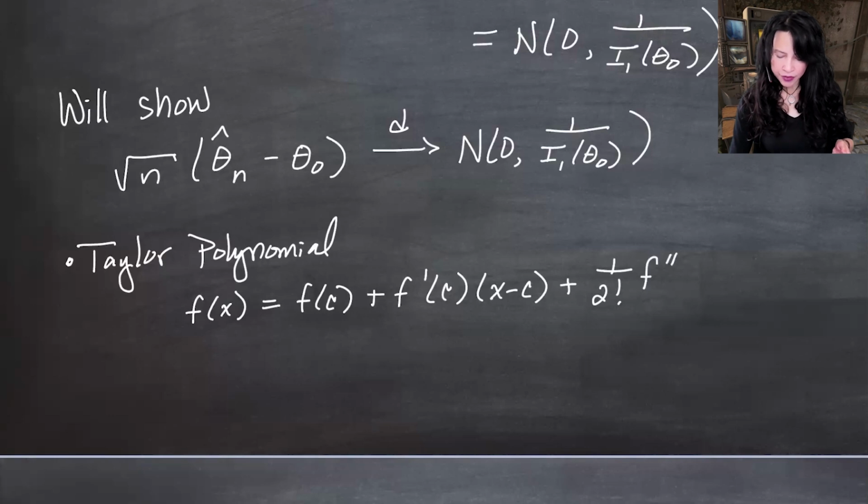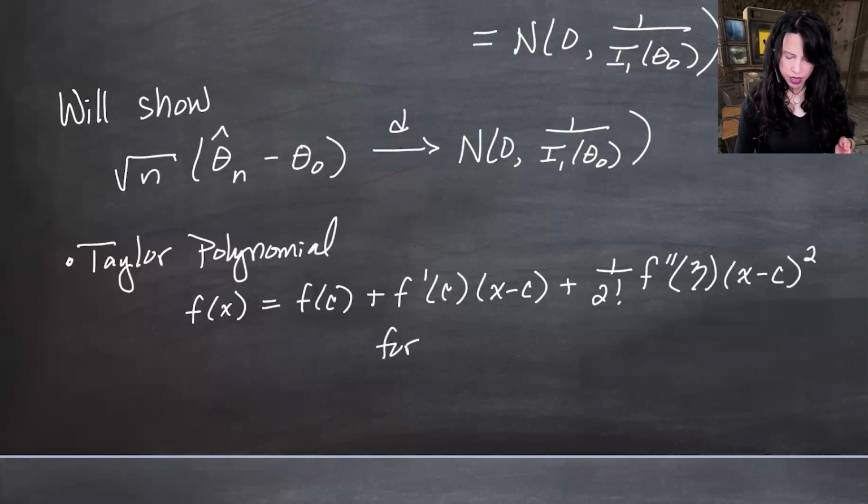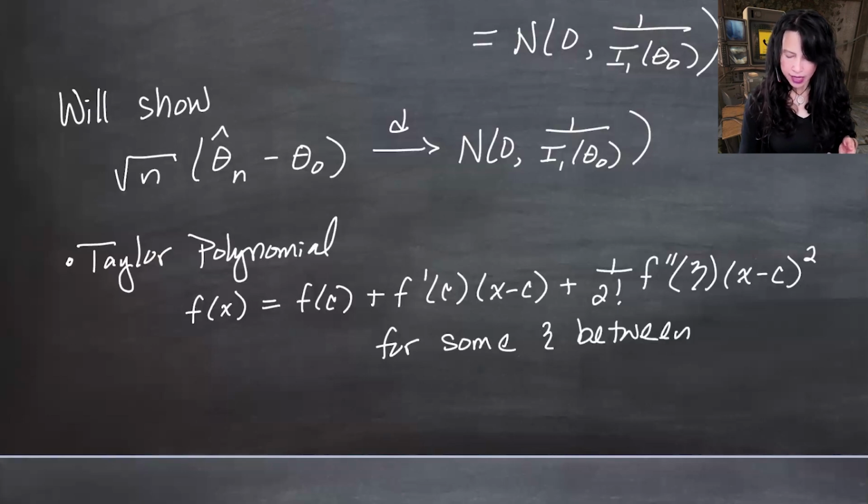You have a second derivative at some x_c, not a c, but an x_c, times x minus c squared, for some x_c between x and c.